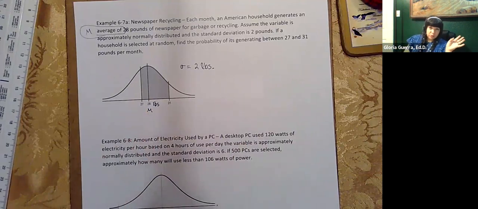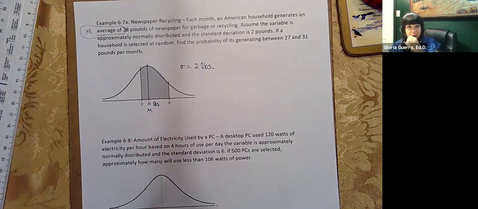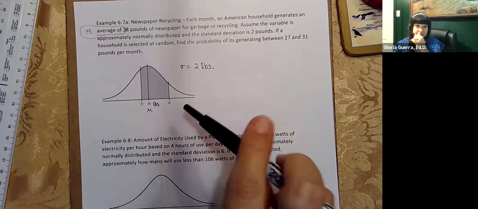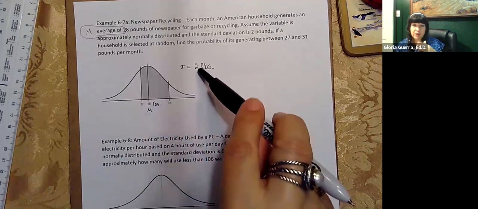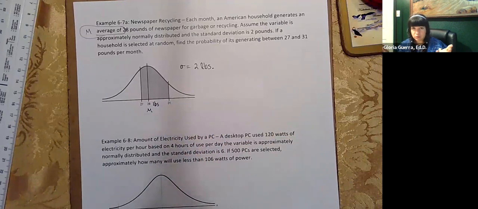If you had ounces and pounds, you can't work with numbers that have different units, so you have to make them all the same unit. Usually we make it the smaller unit. So if you have pounds and ounces, you put them all in ounces. If you have dollars and cents, you put them all in cents, for example.